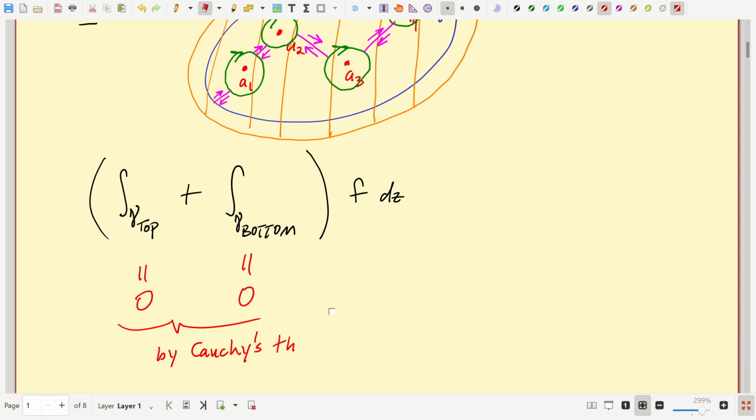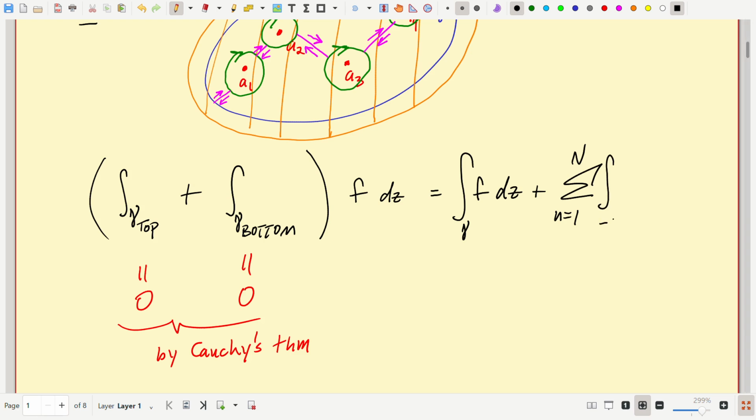And when we look at it, we realize the purple cuts cancel each other, and this boils down to the integral around gamma, the outside one, counterclockwise. And then we have a sum of the green ones clockwise. So that would be plus the sum, as n goes from 1 to capital N, of the integral around, if I do the counterclockwise circles, minus the circle of radius something small, epsilon n about a_n of f dz.